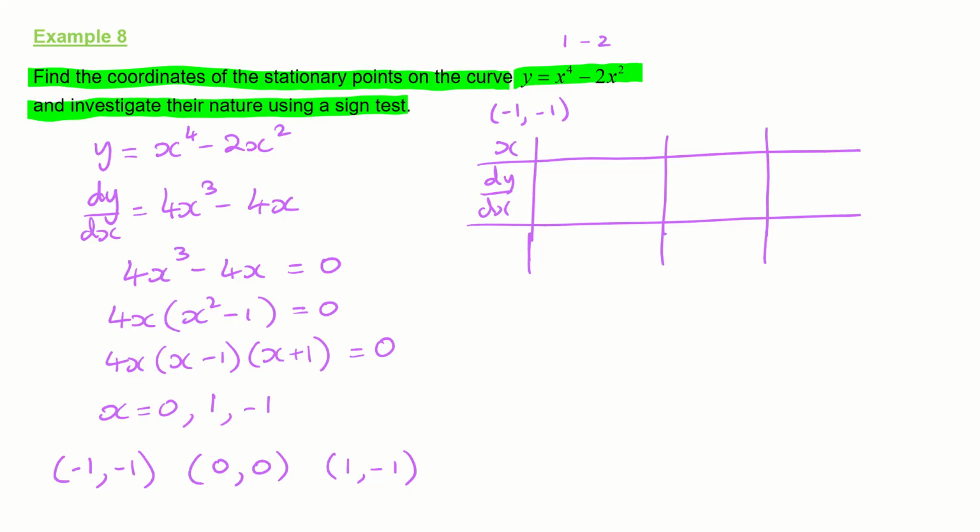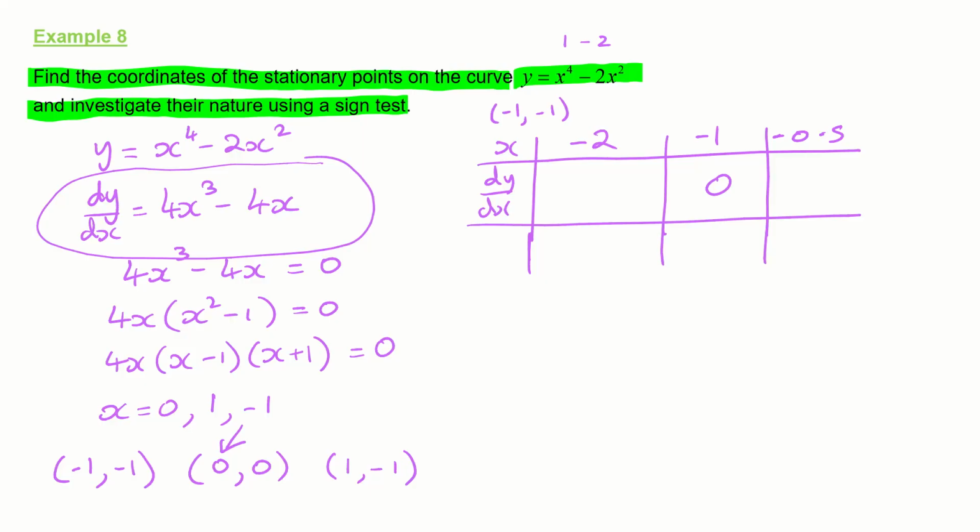So we're looking at negative 1, and there are no stationary points to the left, so we can just use negative 2. We know it's 0 here. We can't use 0. We can't go up to the next integer because that's the next turning point. So let's use negative 0.5.